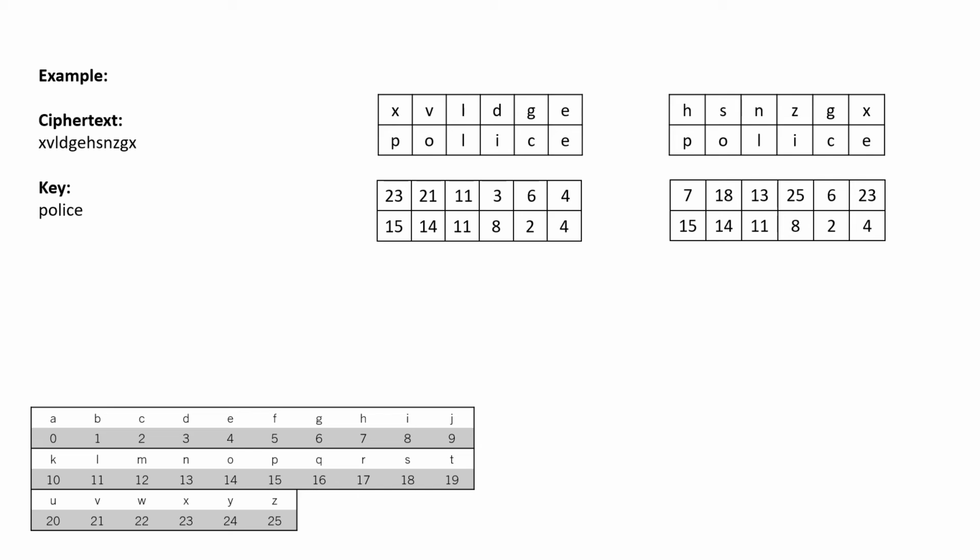Actually, these values are the exact same values that we used for encryption. I refer to the word police because the values for our ciphertext are different from our plain text, but the key police has the same values as before, but for the purpose of demonstration we'll write them down again one more time here.